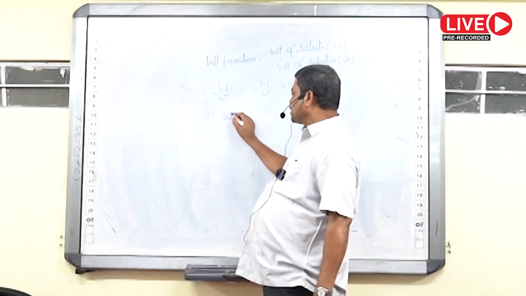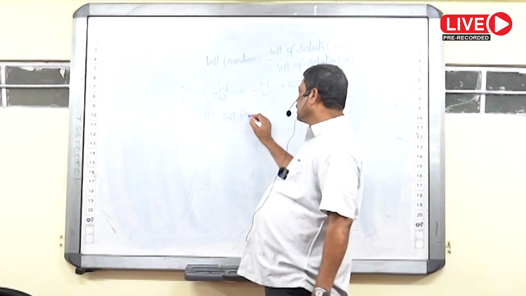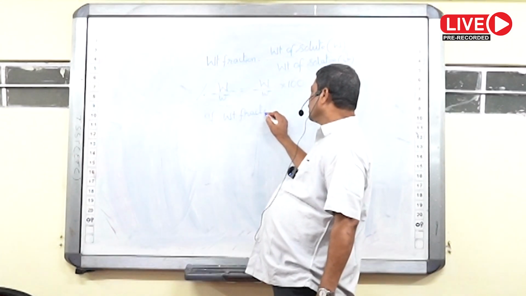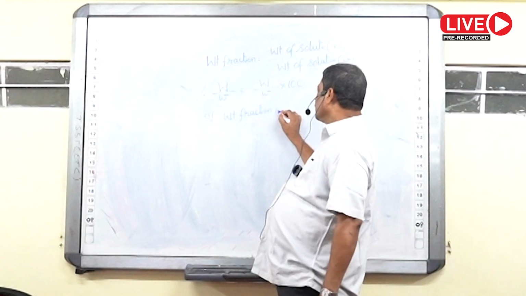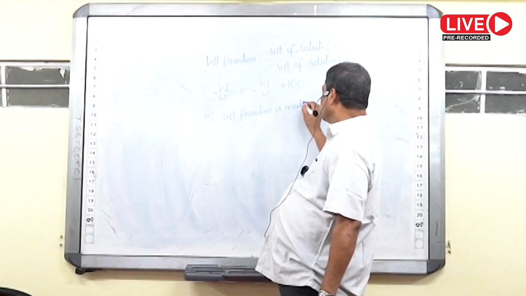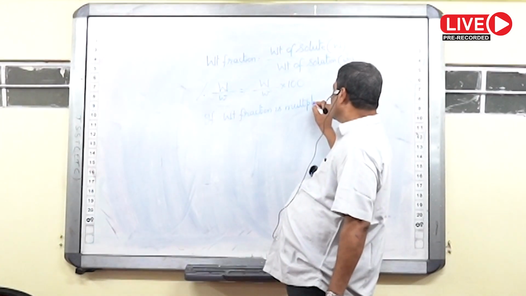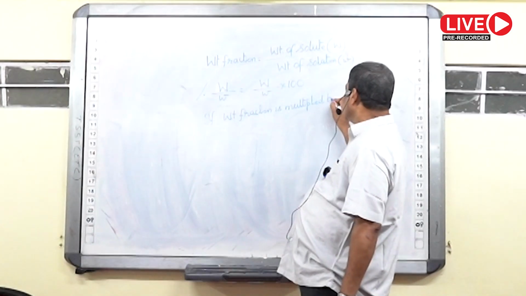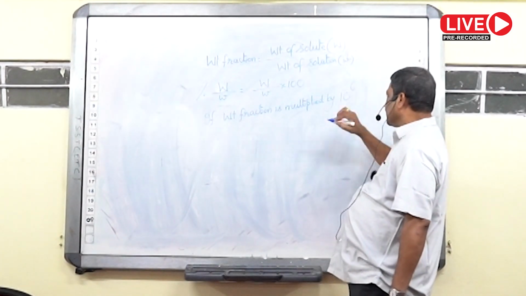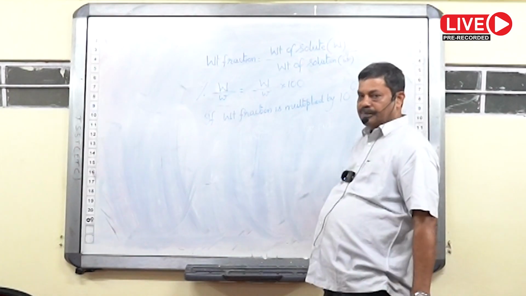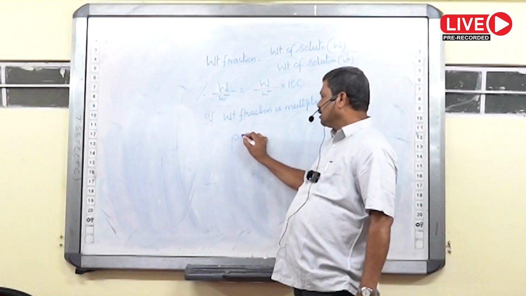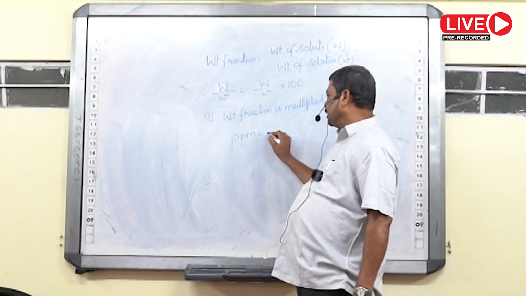If weight fraction is multiplied by 10⁶, then you will get parts per million.